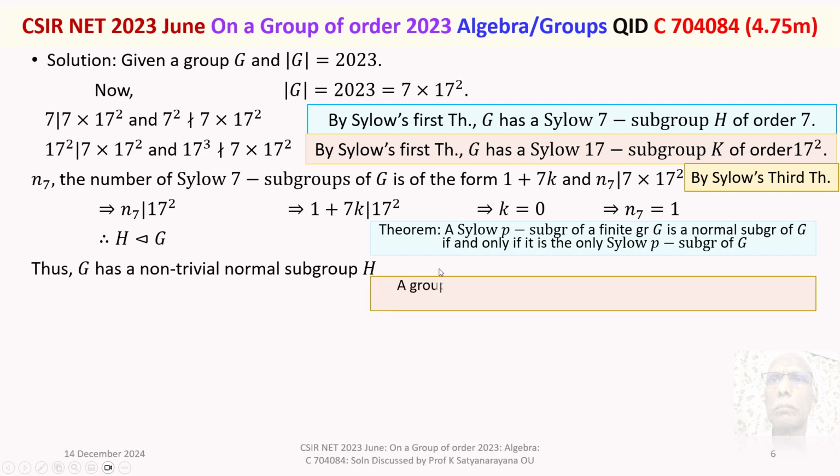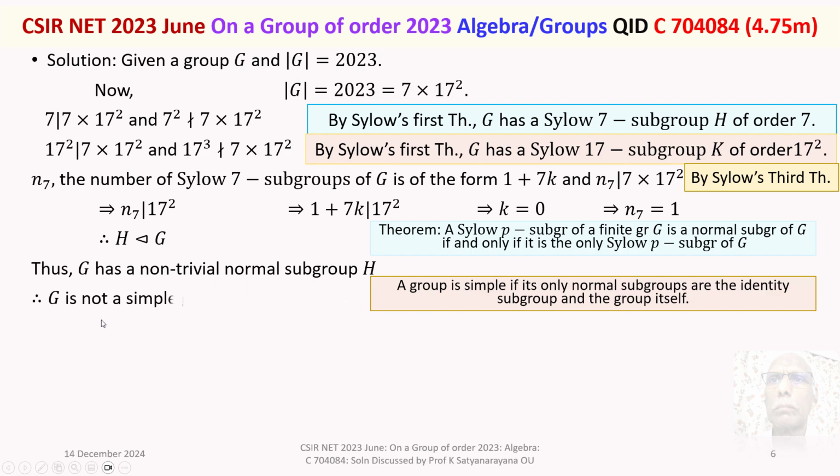So recall the definition of a simple group. A group is simple if its only normal subgroups are the identity subgroup and the group itself. That means if the trivial subgroups are the only normal subgroups of a group, then that group is said to be simple. But G has a non-trivial normal subgroup H, therefore G is not a simple group.